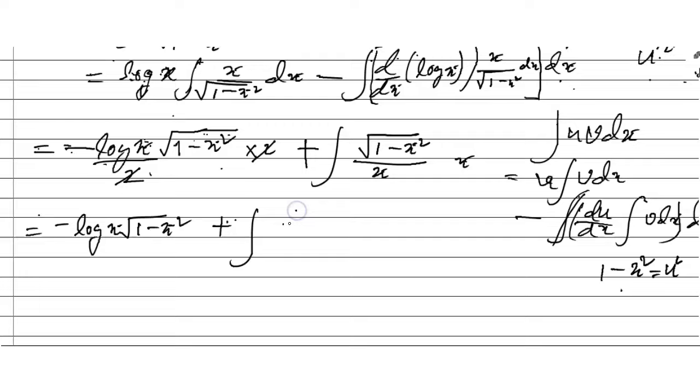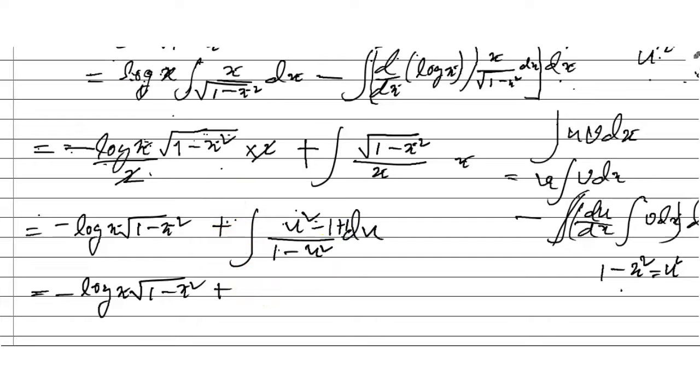So it is u square divided by 1 minus u square du, and minus log x root over 1 minus x square plus, u square can be written minus 1 plus 1.